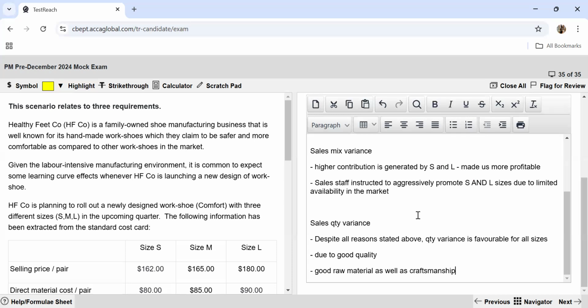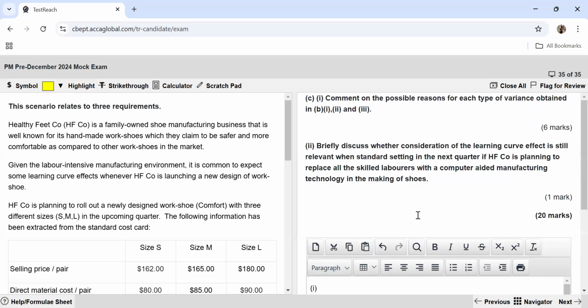So firstly, you will introduce your answer with this. Now you will link it to the scenario. You will say that if HF company is planning to replace all the skilled laborers with a computer aided manufacturing technology, then all of these conditions which we have laid down will not be there anymore.